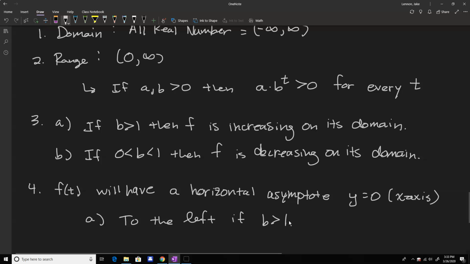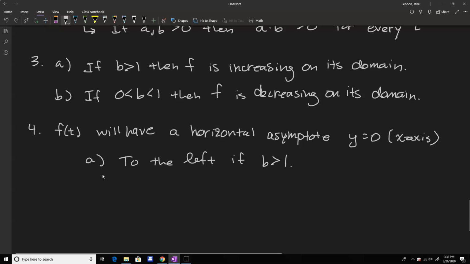It has the asymptote to the left if b is greater than 1, and part b to the right if we are experiencing exponential decay. So that occurs when the base is between 0 and 1. So those are pretty much the main graphical properties that we have with regards to exponential functions.